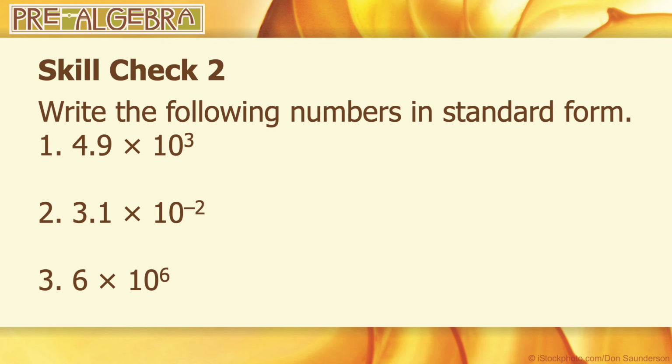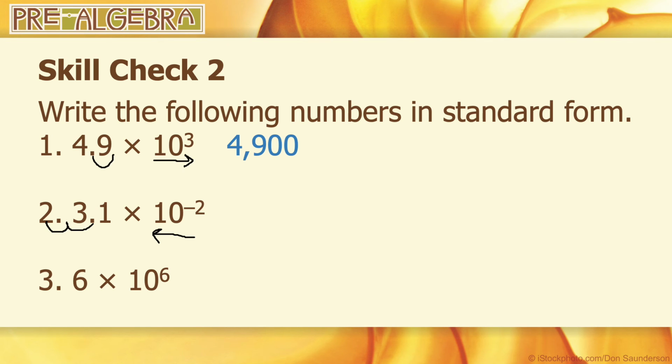Okay, for number 1, we are going to the right 3 times. So this is 1, after that will be zeros. So we have 2 zeros after the 4 and the 9. Number 2, I have that negative exponent, which means I'm going to the left. So that's 1, 2.